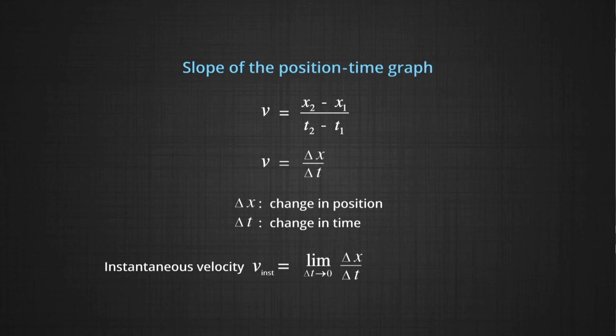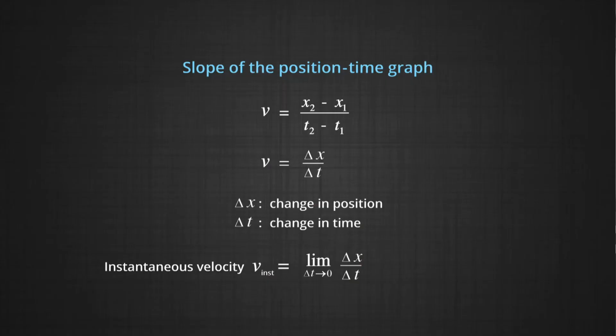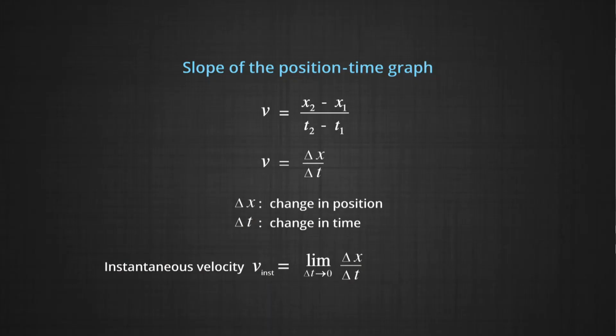Now, notice delta t tending towards 0 does not mean that the instantaneous value of velocity will become 0, because delta x may be any value in that short time interval. Why are we taking the time interval as small? Because we want to consider the velocity at an instant.